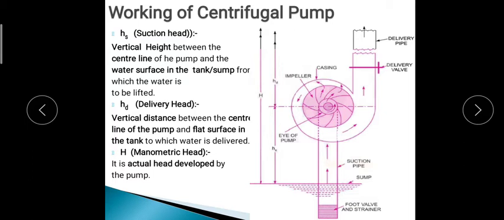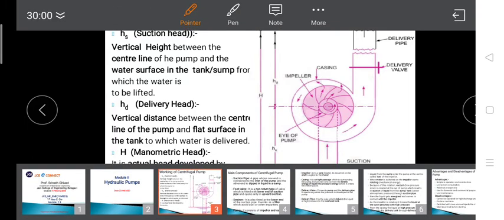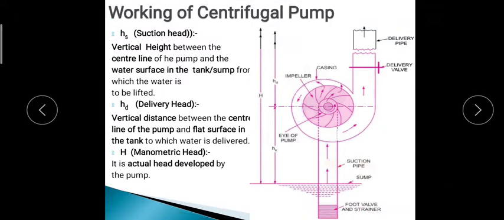Because of this pressure difference between the water in the sump and the suction pipe, the water is sucked through the foot valve and the strainer into the suction pipe, and it enters the eye of the impeller from behind. This eye of the impeller is connected to the shaft of the motor.